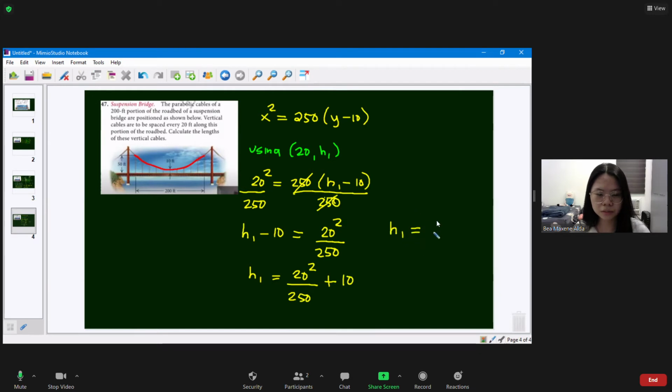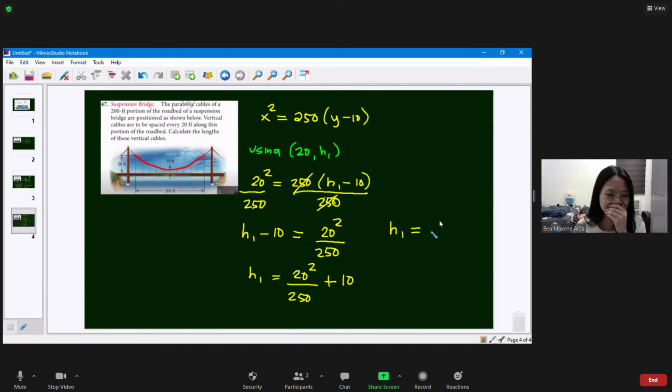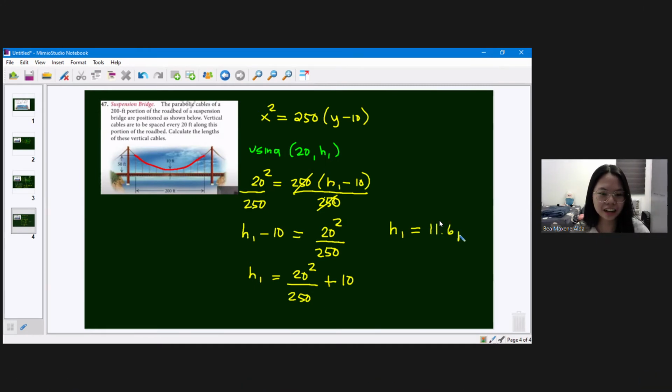So that would mean, kung bust out your handy dandy calculator, kung ilalagay mo, magiging 4,000 divided by 250 plus 10. That would be 11.6 feet. There we go. May nagawa na tayong isang height.